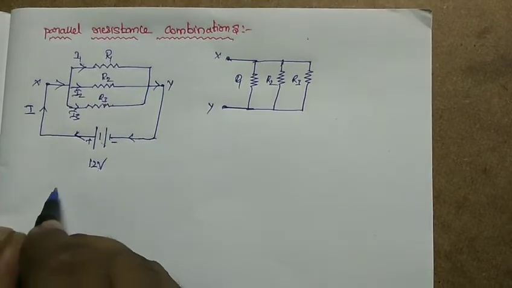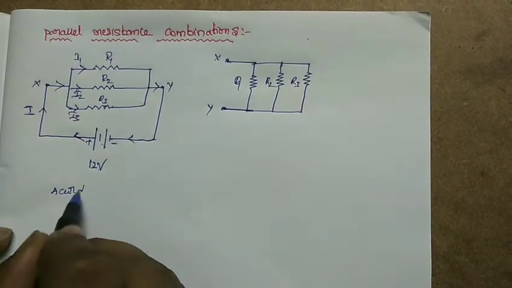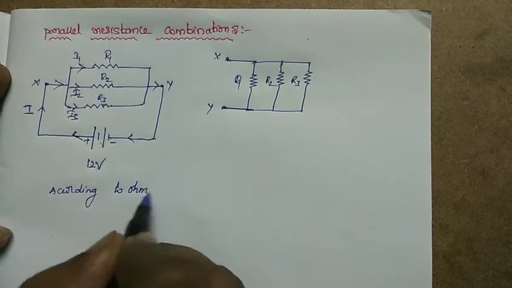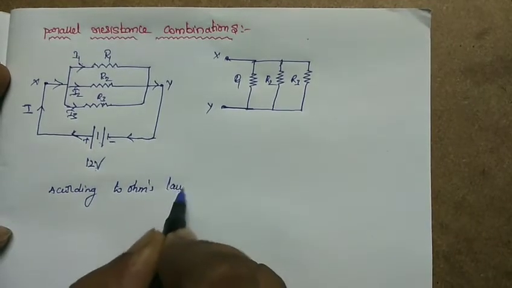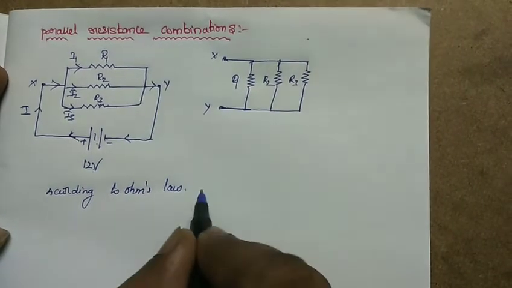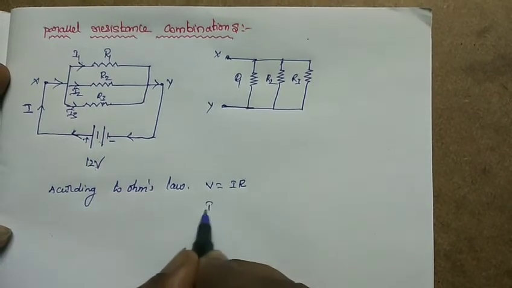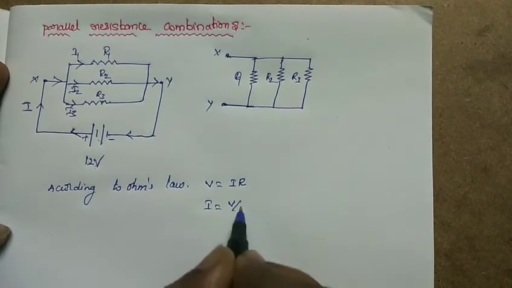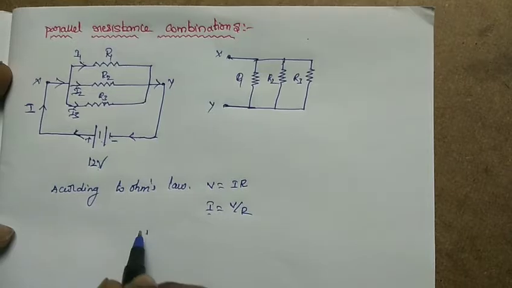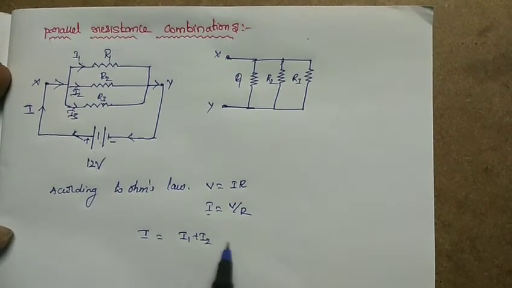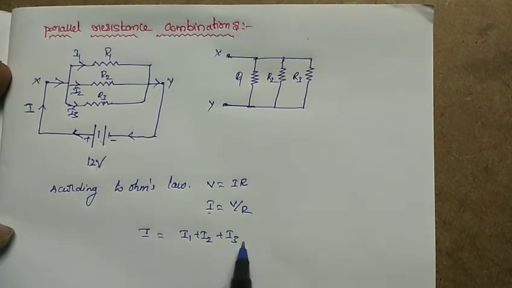According to Ohm's law, you know the formula V equals I R, so I equals V by R. Here I splits into I equals I1 plus I2 plus I3.